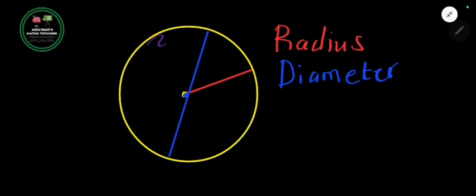So this is a line from there to there. You see, this is a line from this point to that point. Its endpoints are on the circumference, and we call it a what? A chord.